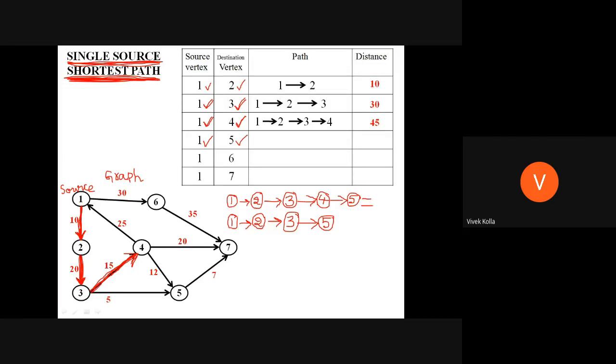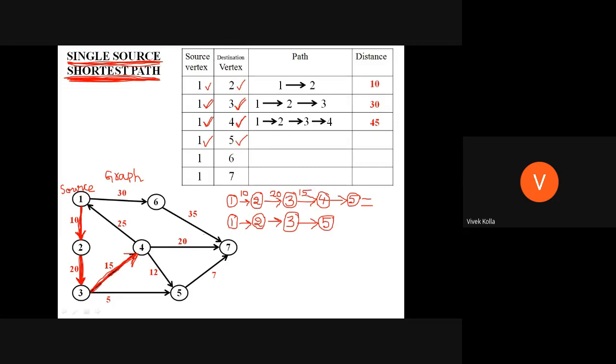What is the distance from 1 to 2? 1 to 2 it is 10. From 2 to 3 it is 20. From 3 to 4 it is 15.